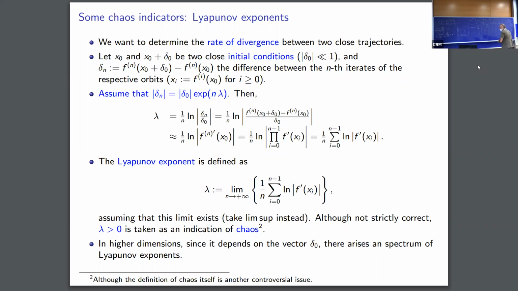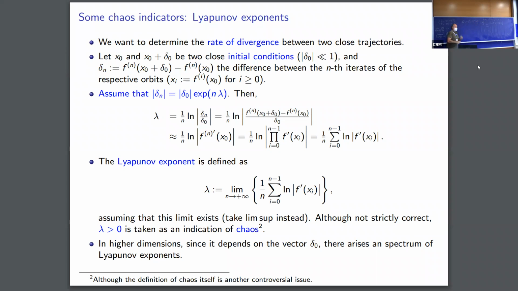Now one of them is called the Lyapunov method, which is, okay, take a point, choose a distance, and then you compute the difference between this point and this point.